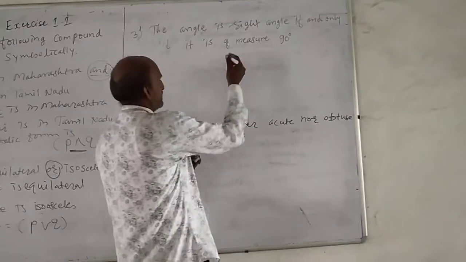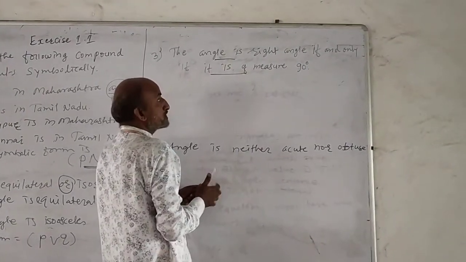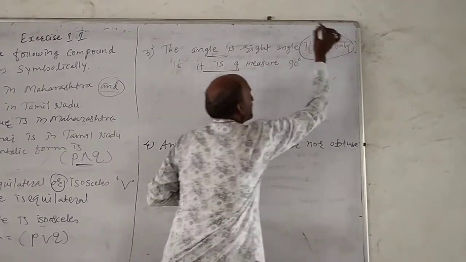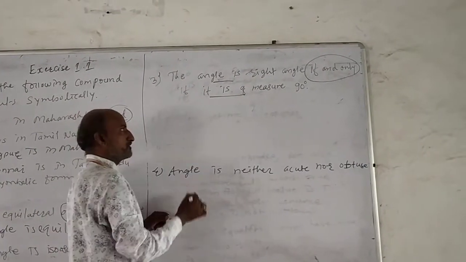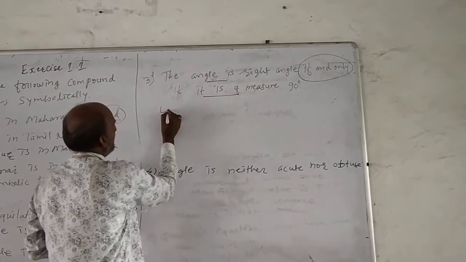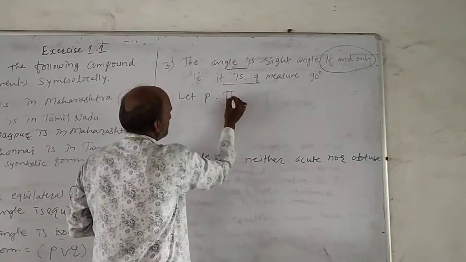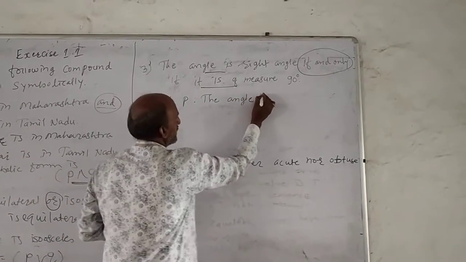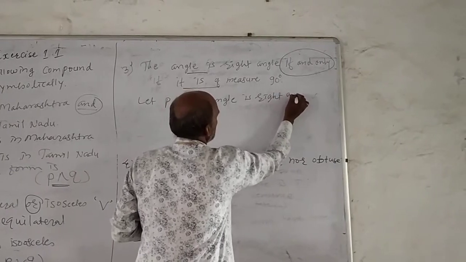So here again 2 simple statements are there, and these 2 simple statements are connected using the connective if and only if. Here, let P be the first statement, the angle is a right angle.